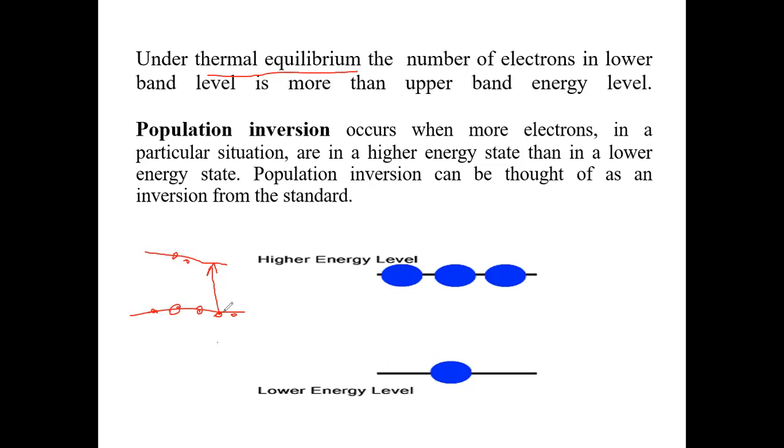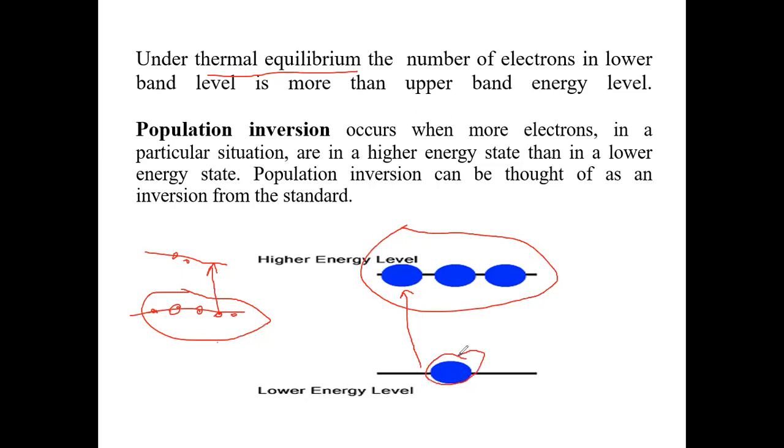So what I am doing in an amplifier is population inversion. जो population normal condition में यहाँ पे ज़्यादा था, I am inverting it, and you can see this scenario over here. The population is now more in the upper energy level compared to the lower energy level. So normal situation से ये उल्टा हो गया. That's why we call it population inversion.